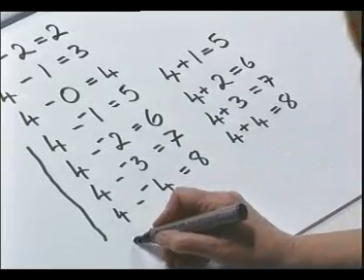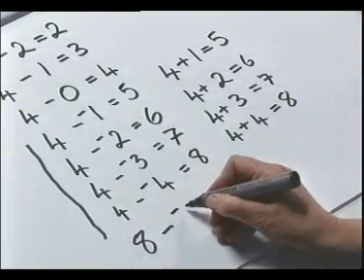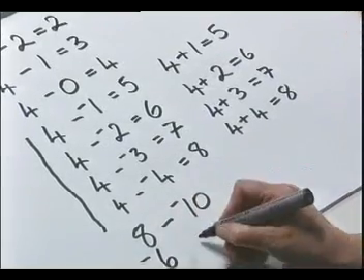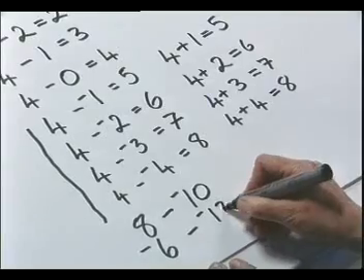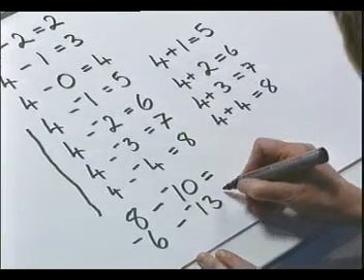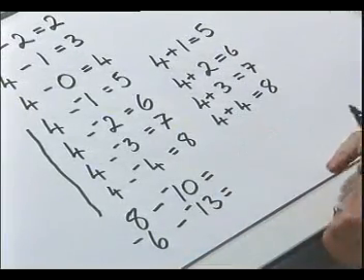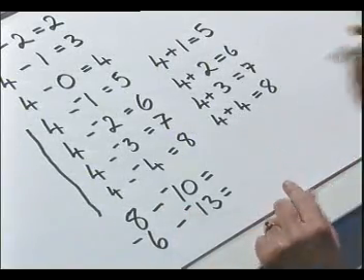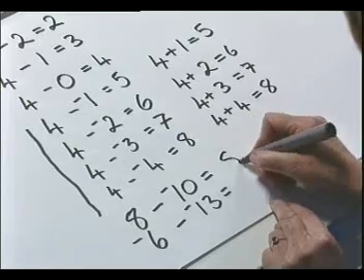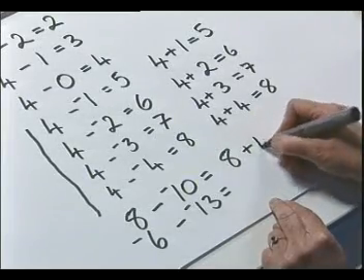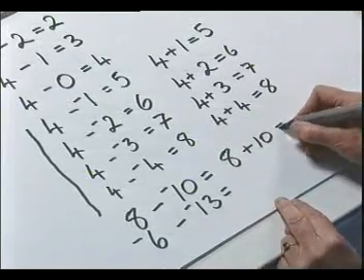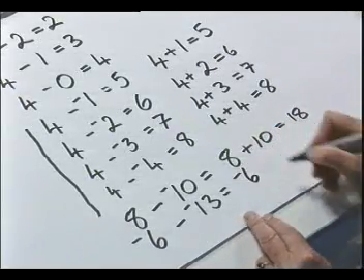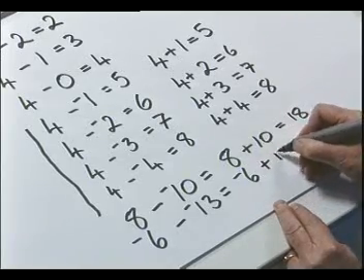If we take 8 subtract negative 10 and negative 6 subtract negative 13, what answers do we get if we use our rule? Well, we change the subtraction to the addition of a positive number. So it's 8 plus 10. And what could be easier? That's 18.